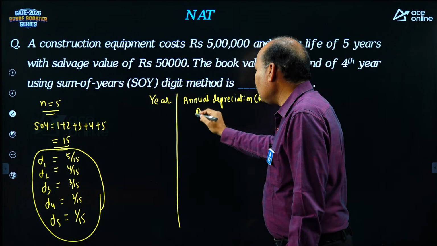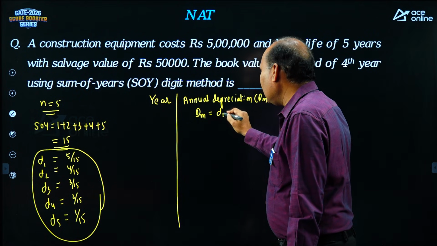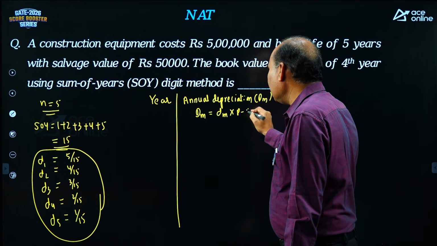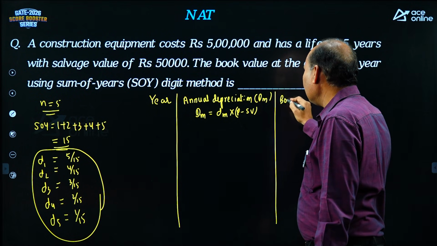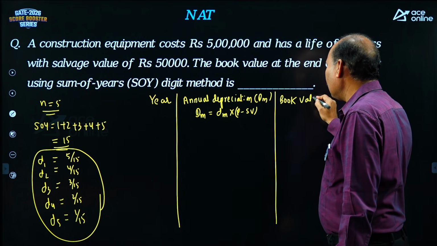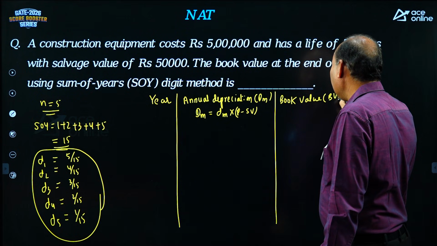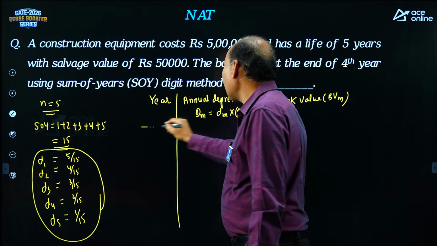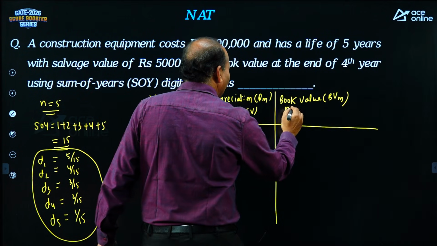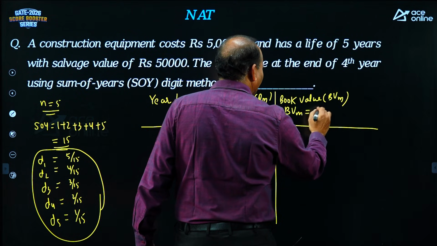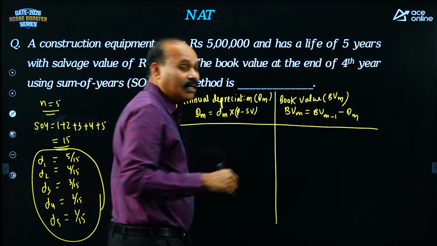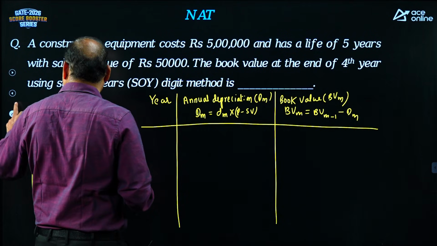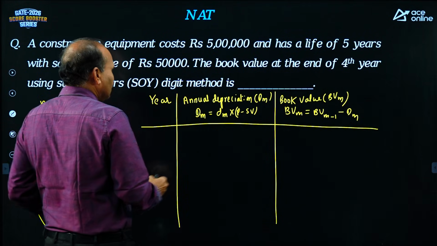Dm is equal to small dm into P minus SV, and book value BVm. What is the formula for BVm? BVm is equal to the previous year book value minus the annual depreciation of that particular year. So what is P in this?